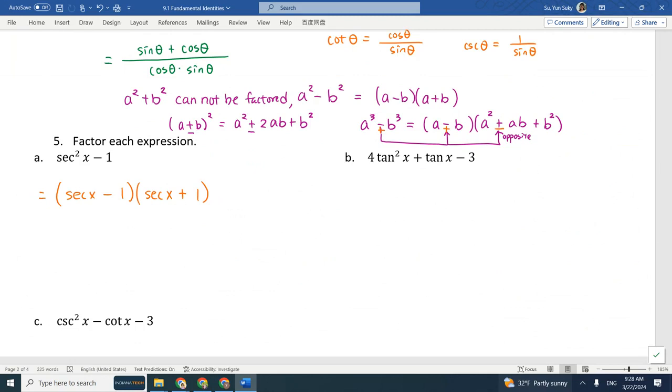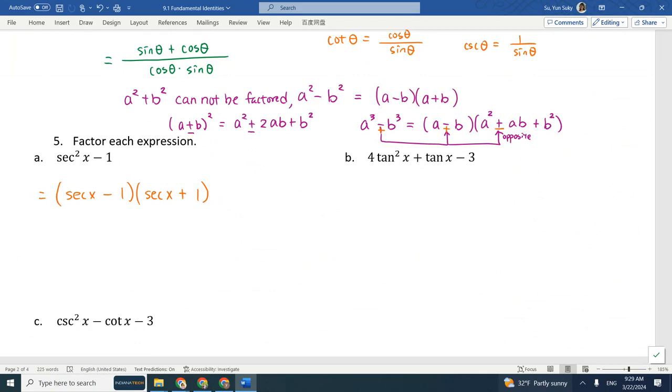Why are we doing this? We're still building the foundation for solving trig equations. In section 9.5, we will solve equations involving trig functions. At that time, you might have an equation like secant squared minus 1 equals 0. So you factor it and set each factor equal to 0. It means your first factor is 0 or your second factor is 0.